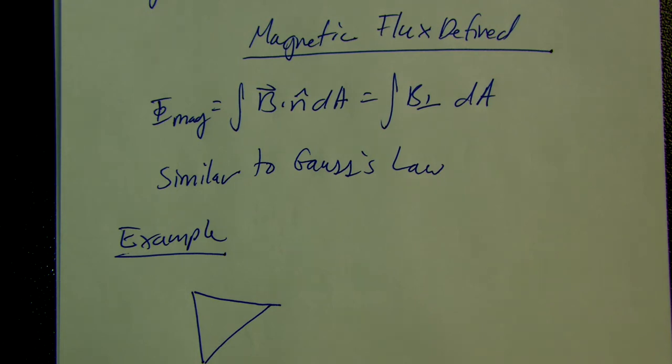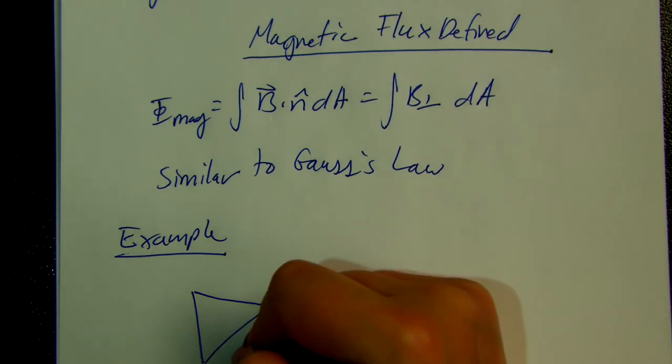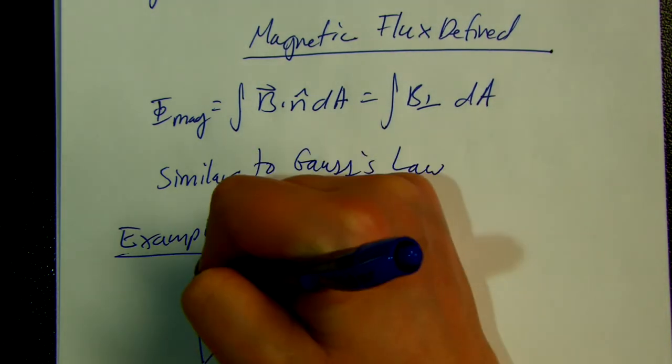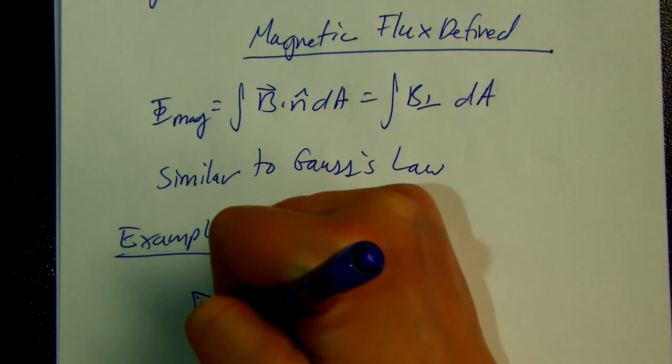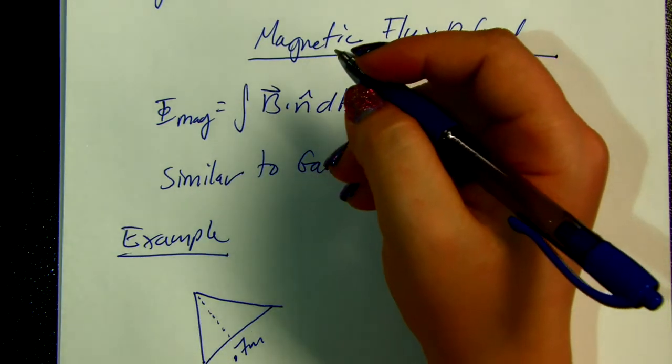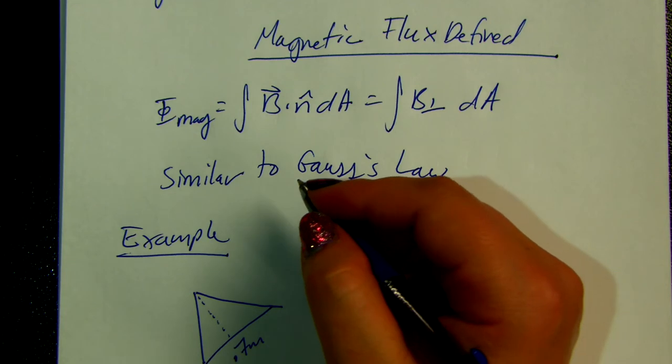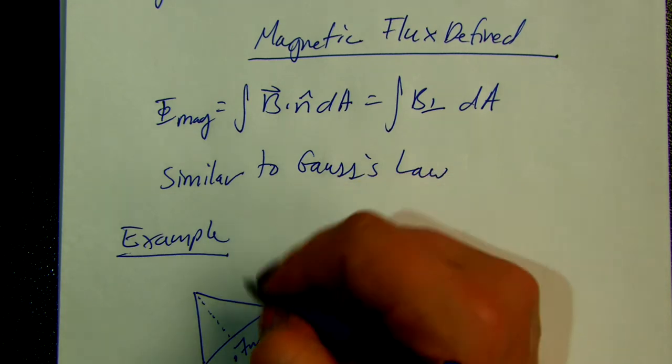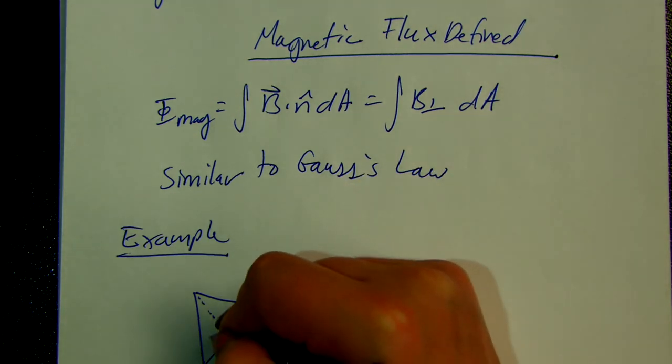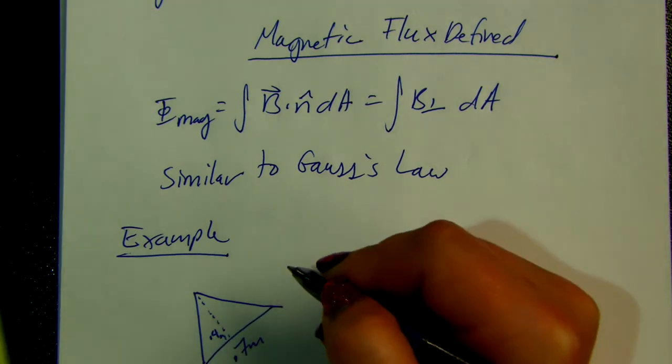Say we had a triangle with a base of 0.7 meters and a height of 0.4 meters.